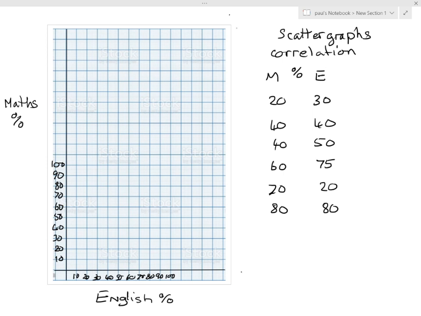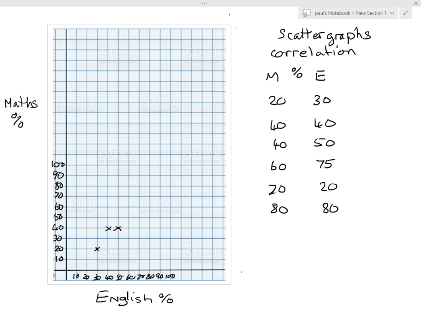So these maths and English results are going to give us our coordinates of where we need to draw the points. So 20 and 30. So 20 on the maths, 30 on the English goes there. 40, 40 goes there. 40, 50 is there.